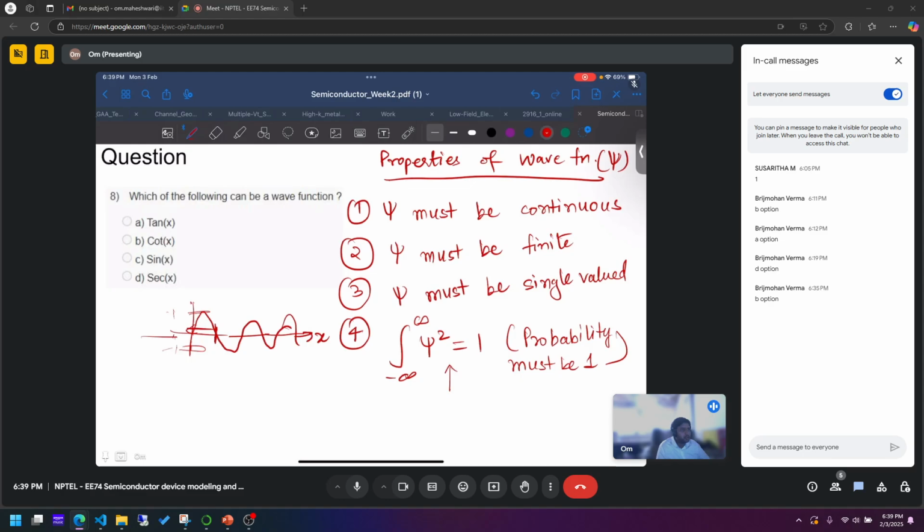But if we see the graph of, let's say, tan x, tan x looks something like this. What else is there? Cot x. Cot x is also something like this, and we have sec x.